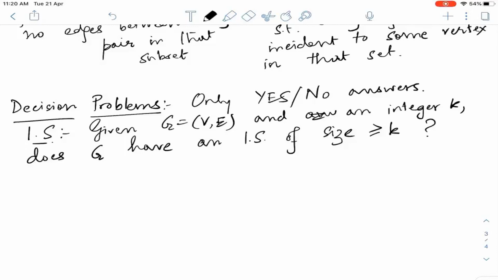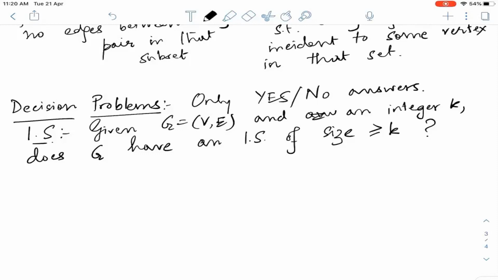So I give you a graph and a positive integer K, and I ask: does there exist an independent set of size K? I'm not even asking you to find the independent set, just whether one exists or not.